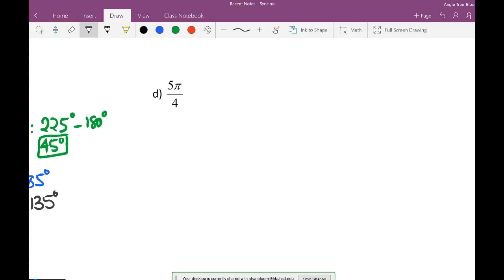Can someone tell me, if I give you pi over 2, what is that in degrees? 90 degrees. Is that okay? If I give you pi over 3, class, what is that in degrees? 60. Perfect. How about pi over 4, y'all? 45 degrees.